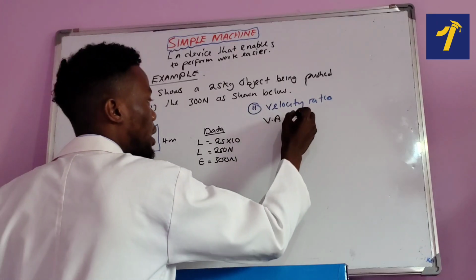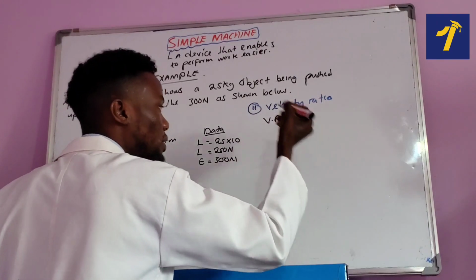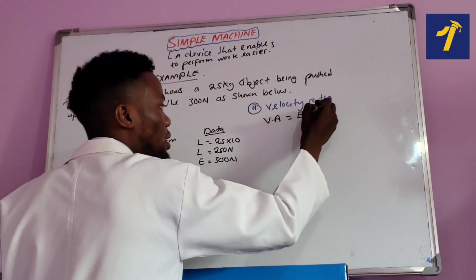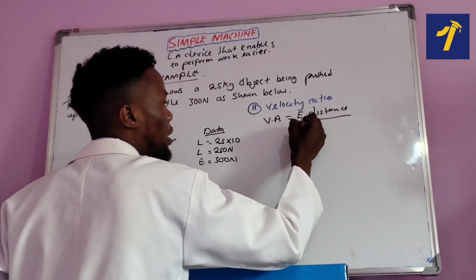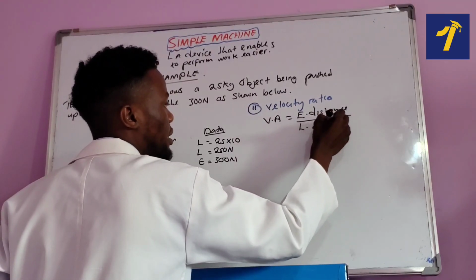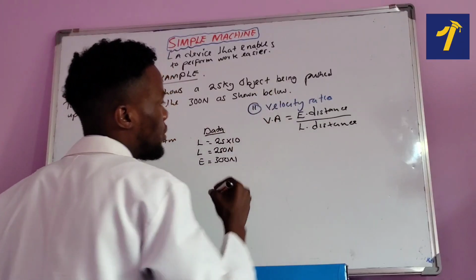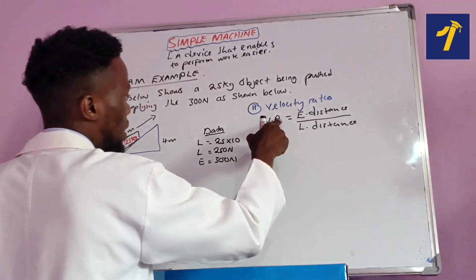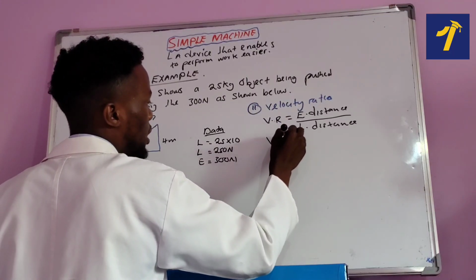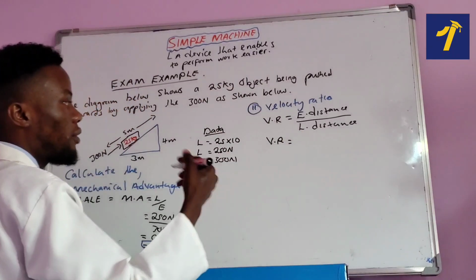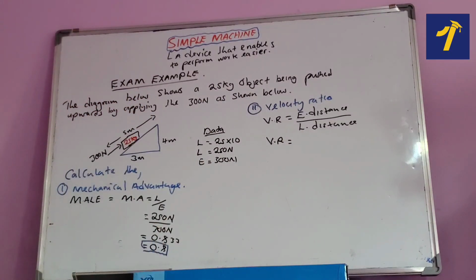So here I'm going to say effort, but it is not just effort, it is effort distance, if you remember. Over here we're going to say load distance. Okay, then velocity ratio now is nothing but equal to effort distance over load distance.